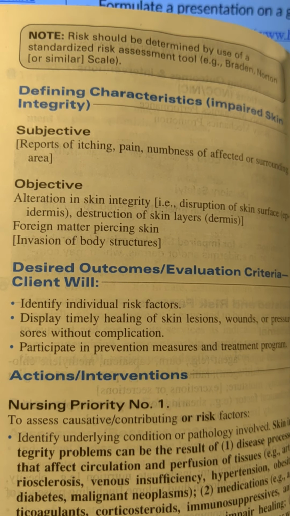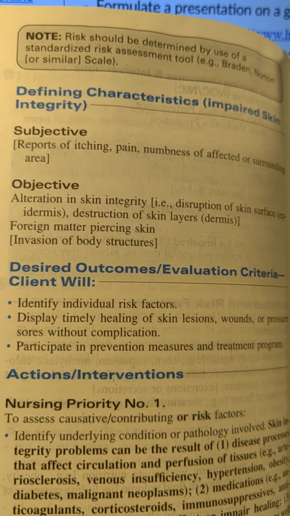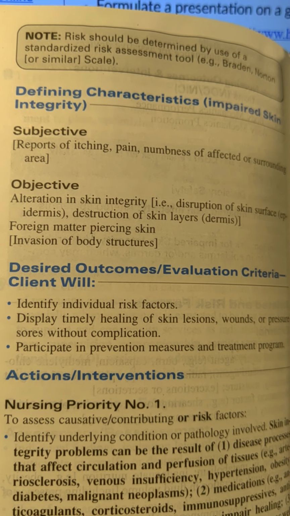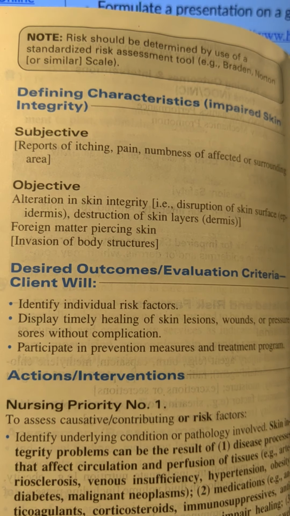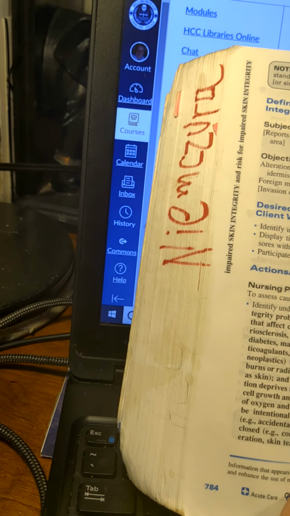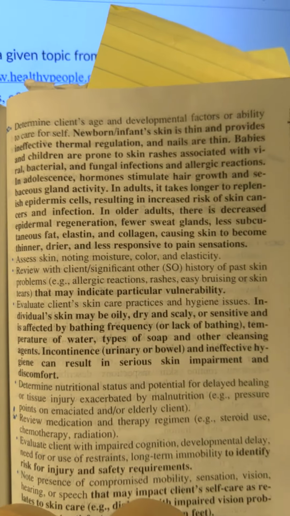So when you go in there and you check, you make darn sure that if there's any alteration whatsoever, it gets documented in the first few pages of that chart where you're going through the functional health patterns. Now the next thing here, under nursing priorities, will give you a long list of all possible things, and my latest warpath has been making sure that the interventions you choose are active ones.